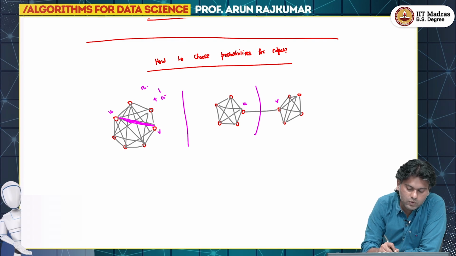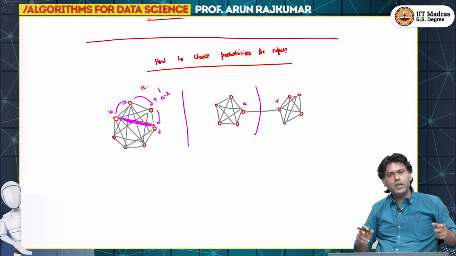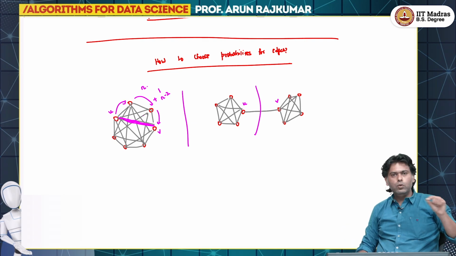There are n minus 2 such paths already, but then I can also take 2 node steps and go to v, right? So, I will go from here to here to here and then to v. I can take 3 jumps, right?